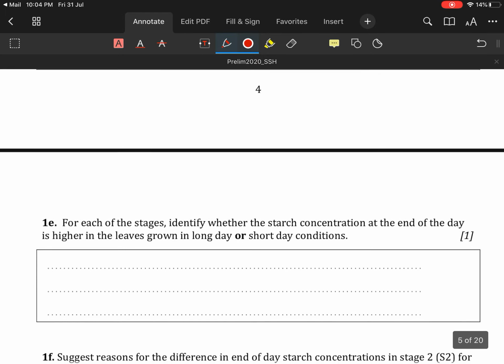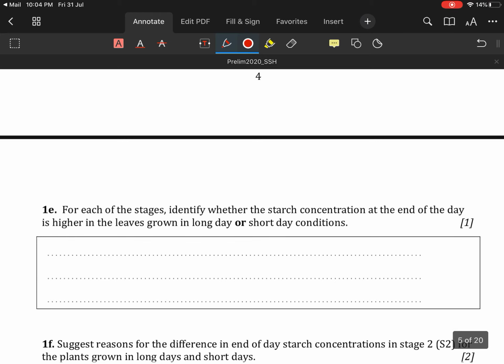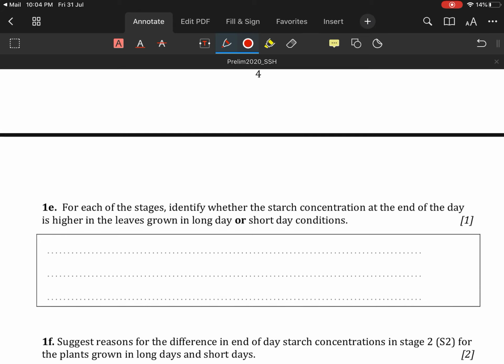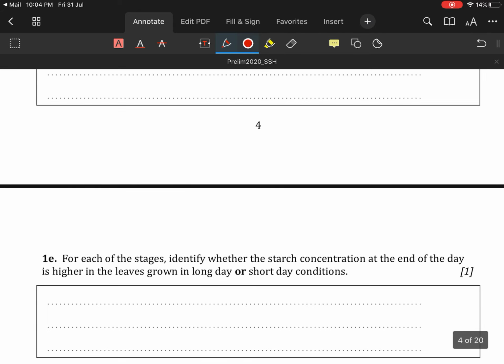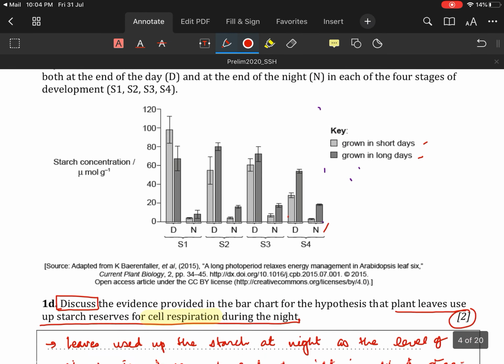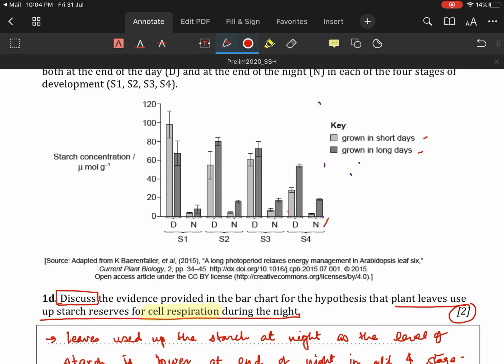For each of the stages, identify whether the starch concentration at end of day is higher in the leaves grown in long day or short day. So if you see, starch concentration is higher in stage 1, so I probably answer here 1F: higher for S1 in short day plant.